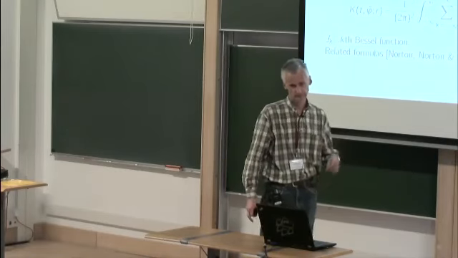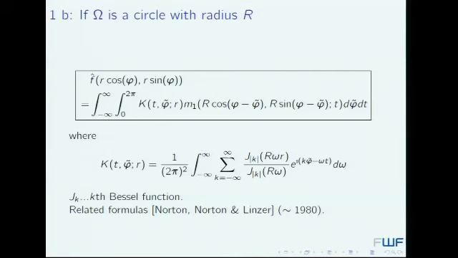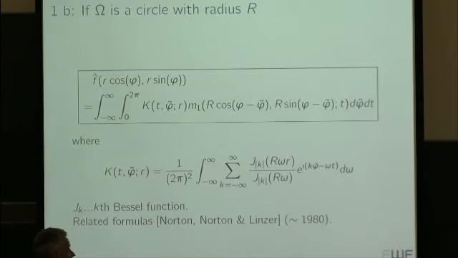If omega is a circle, you get almost the formulas like in Norton and Linzer, but they used a certain problem of ultrasound tomography, which they reduce to the inversion of the spherical mean operator. So this is the connection, that everything can be reduced to the spherical mean operator after some transformation, and this is why these formulas are so close, but I think the physical model is completely different.